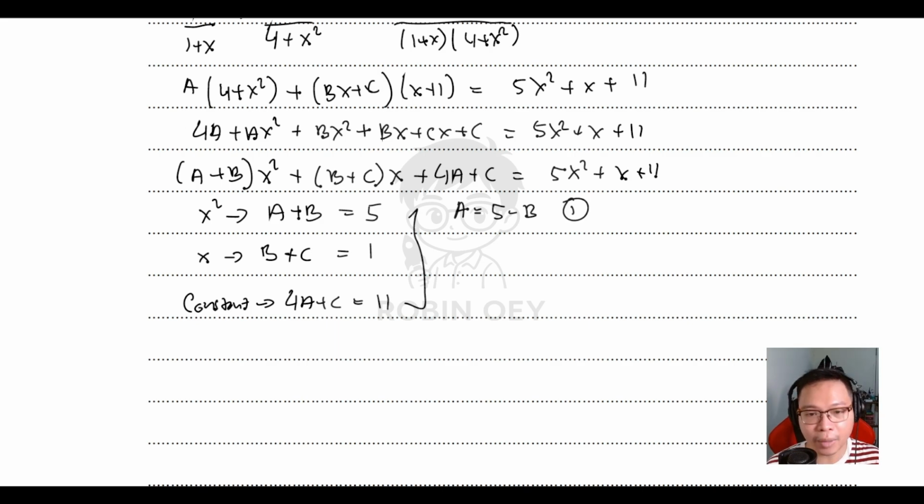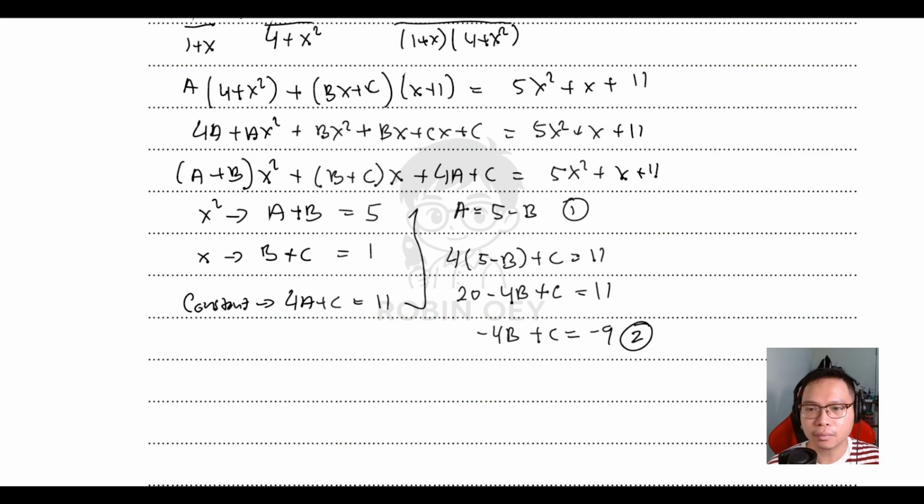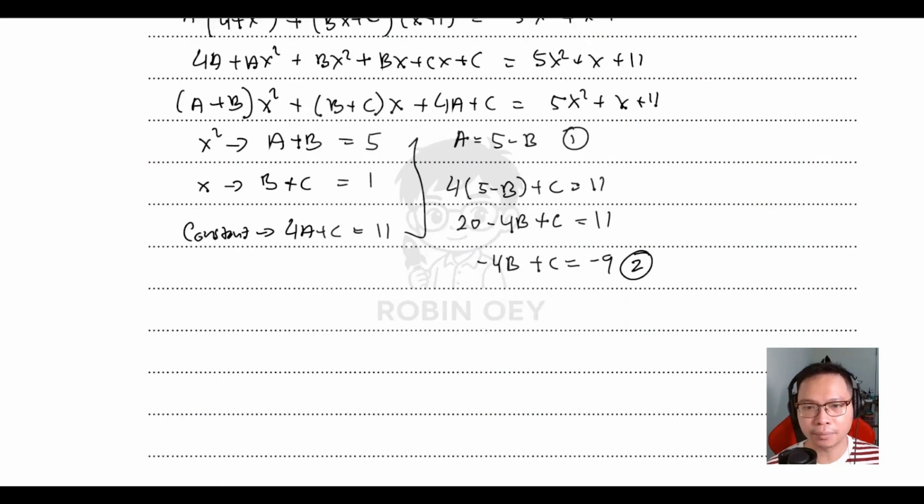And then I'm using the 4A plus C. So 4 times (5 minus B) plus C equals 11. So 20 minus 4B plus C equals 11. So I get negative 4B plus C equals negative 9. This is our second expression. Now the third one, we need to eliminate.